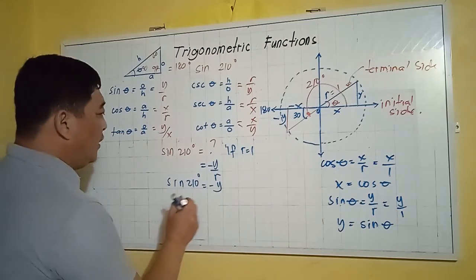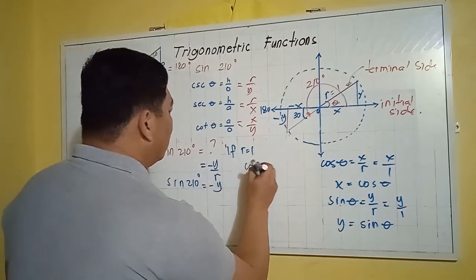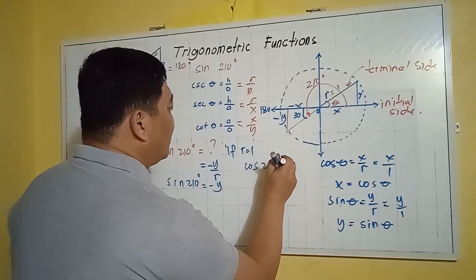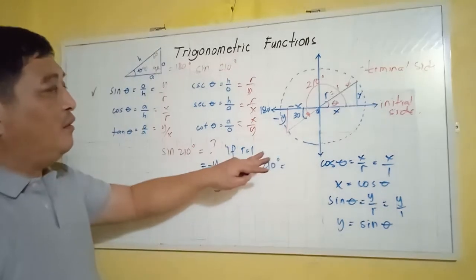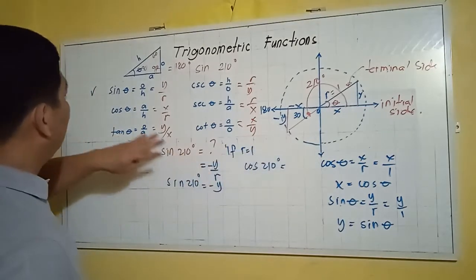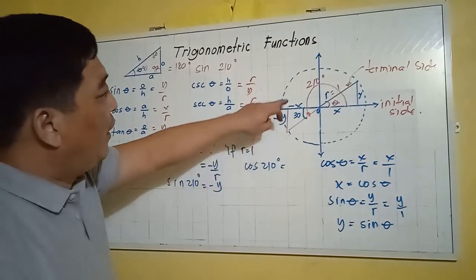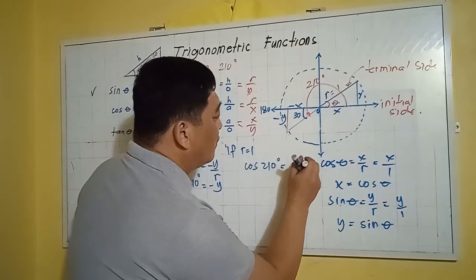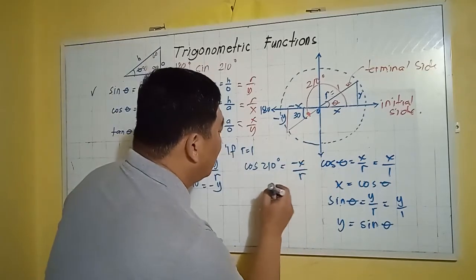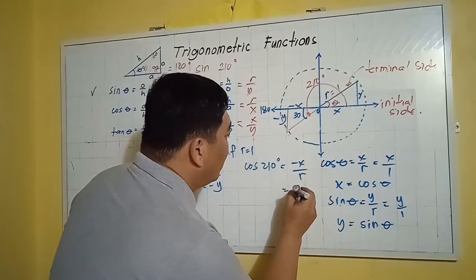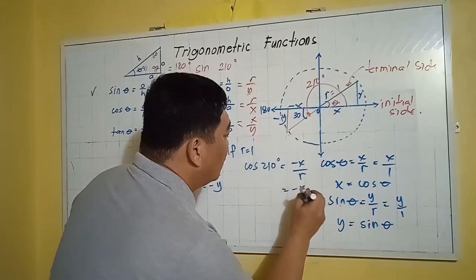How about cosine 210 degrees? Cosine 210 degrees, we're considering that cosine, we have negative x over r. If r again is equals to 1, we have negative x over 1.